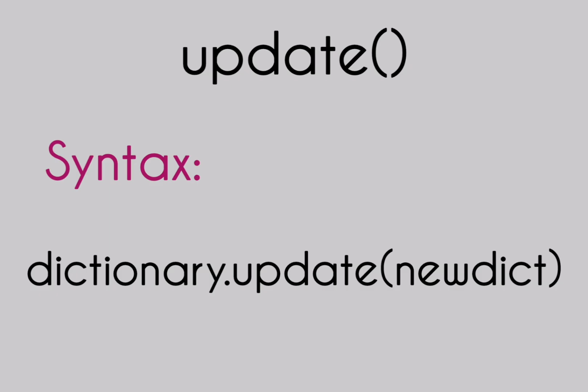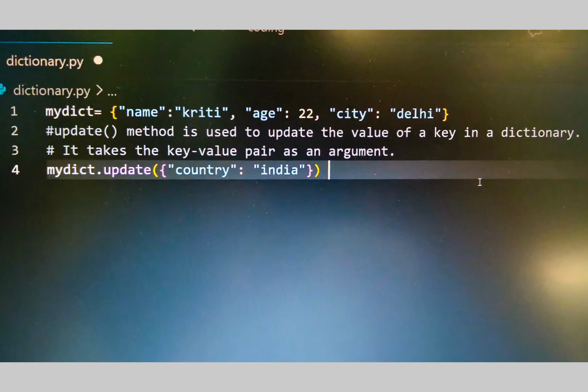So here is our last function, that is update. The update function is used to add more items to our dictionary. You can create a new dictionary and then give it as the argument in the update function. Here I have written my update, which contains the argument country colon India.